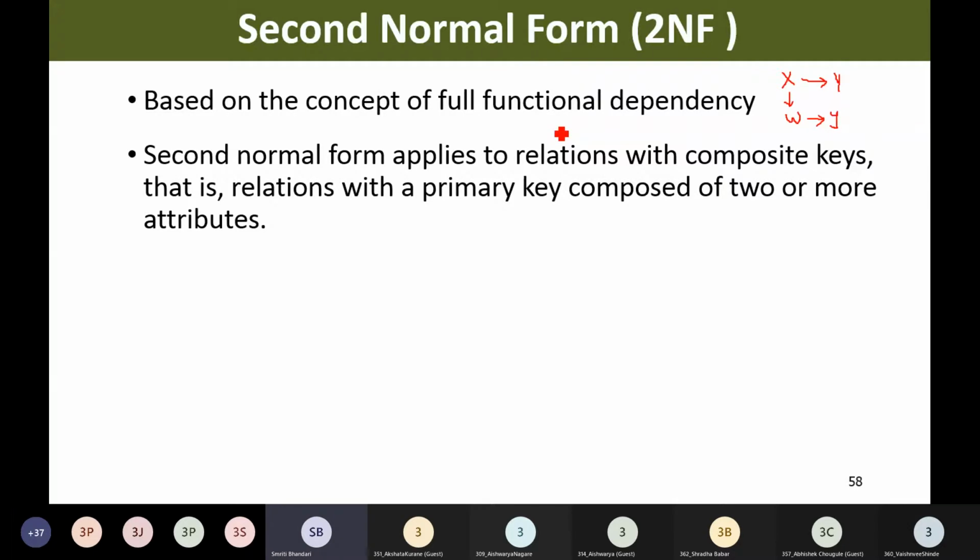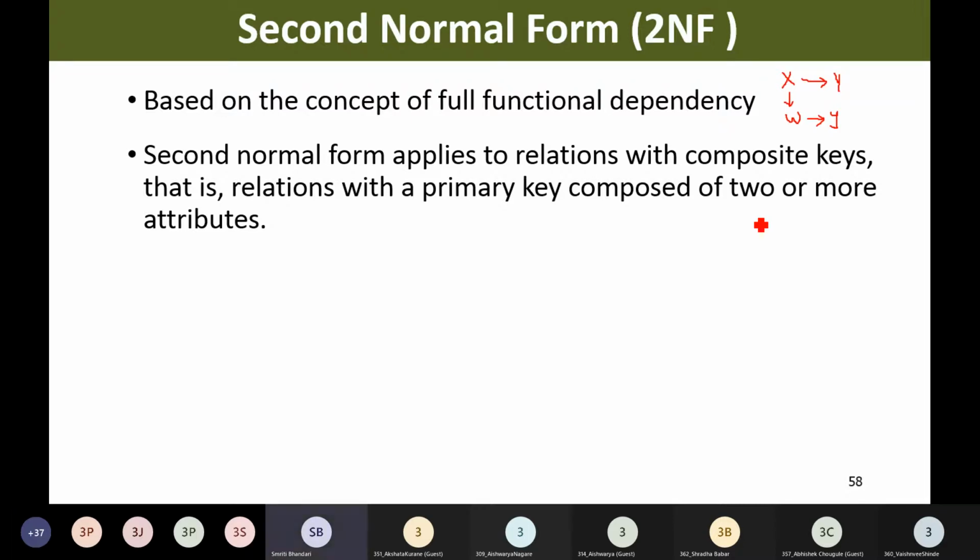So obviously, if we have a relation wherein the primary key is composed of two or more attributes, I'll repeat, if the primary key is composed of two or more attributes, then there is a chance that we may find a proper subset of the primary key, right?